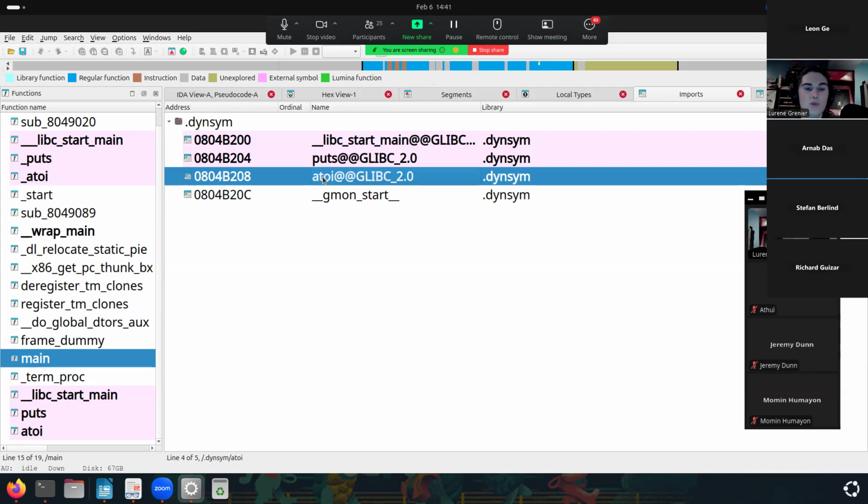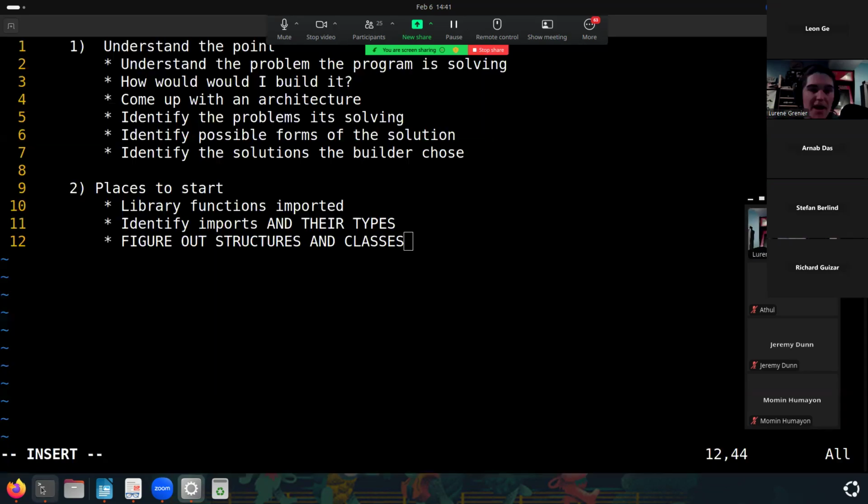And so that kind of gives you a place to start. Now that it becomes much easier for you to identify and work through your types, you can go back up and identify the solutions to those problems.